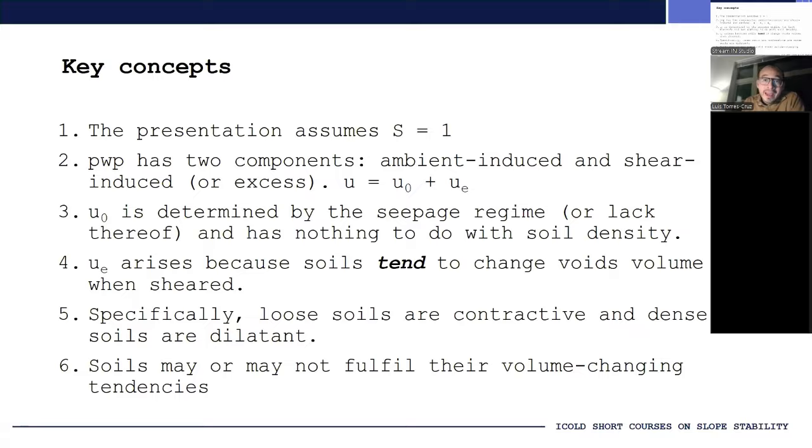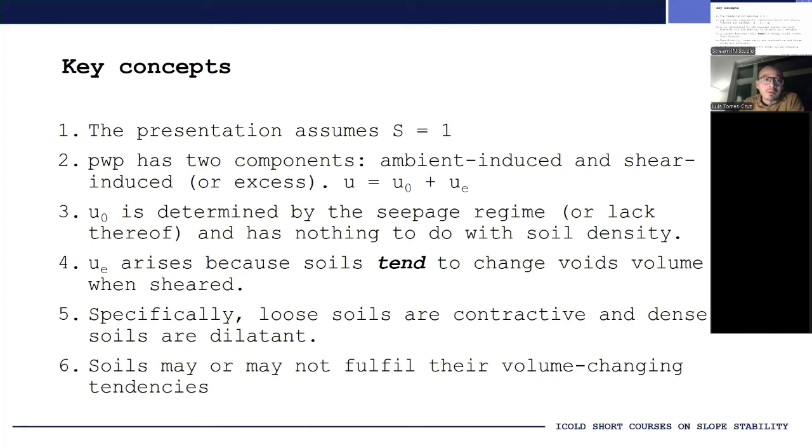One is the ambient induced pore water pressure, which we generally label U0, and the other one is the shear induced pore water pressure, or excess pore water pressure, which we refer to as UE.